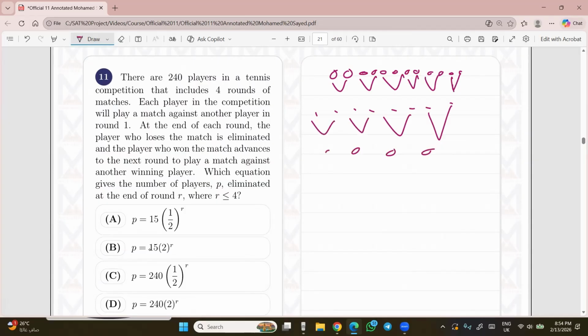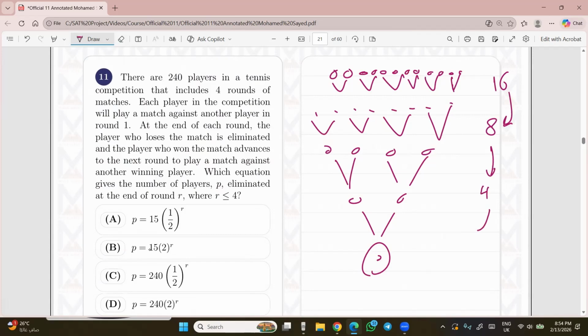And then we have only 4. And then after that, they play together, get 2, and then the winner comes down here. So every time the number is halved. So it was 16, it became 8. Look at what happened. And then 8 becomes 4, and then 4 becomes 2, and then this is the final match to show the winner. So the numbers are halved.